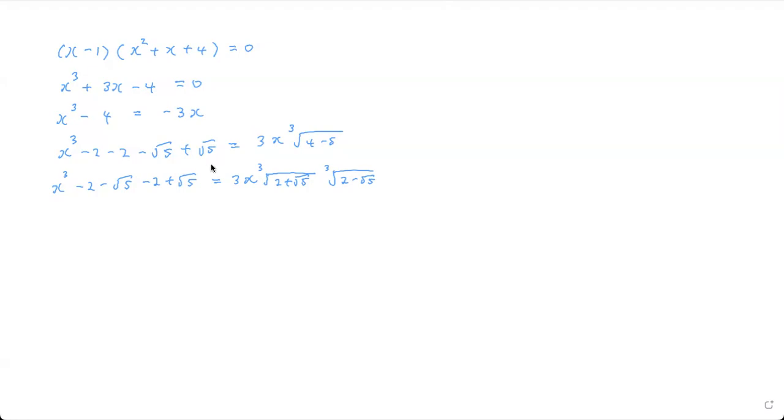I'm going to use this identity, which I talked about earlier. Okay, so you can refer to the top right corner if you want to check out that video. Okay, so what's going to happen is, right, a cubed plus b cubed plus c cubed minus 3abc is equal to a plus b plus c times a squared plus b squared plus c squared minus ab minus bc minus ca.